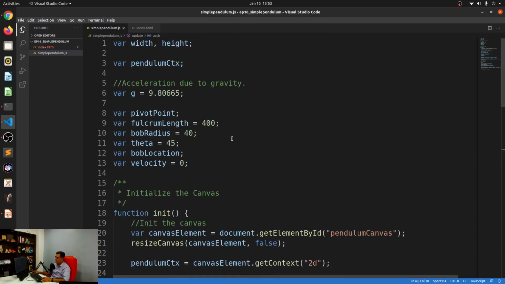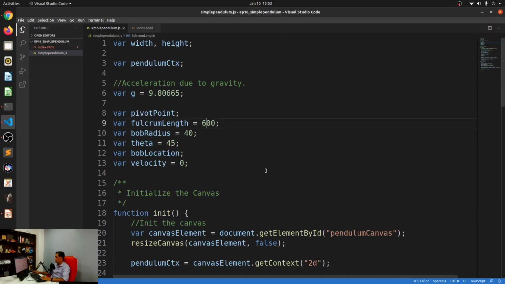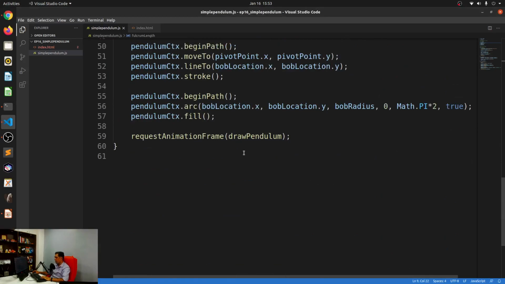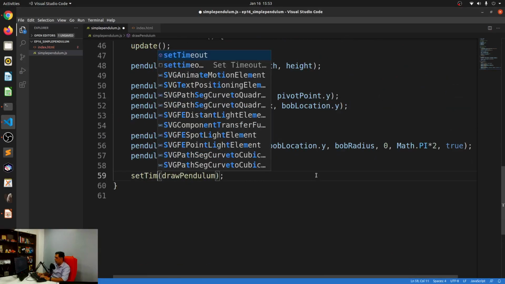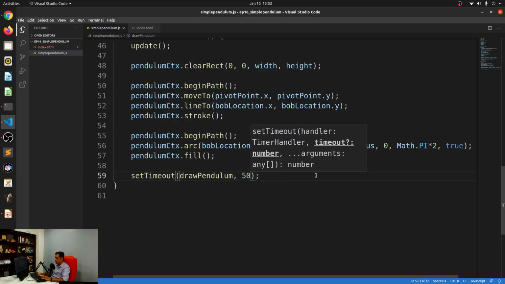Now let's increase the fulcrum length to 600 and see if that changes anything. All right, so now it's actually quite slower than the other one. And instead of requestAnimationFrame, let me just put setTimeout, call it after 50 milliseconds.